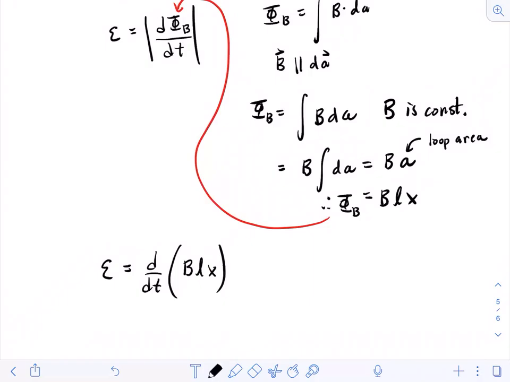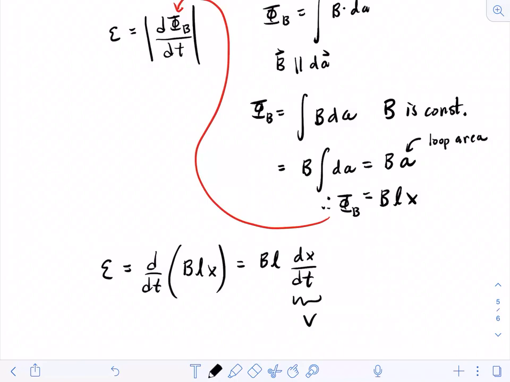We said B was going to be constant, and L is the height of the loop, and that's a constant. And so the only thing that changes is the X coordinate, where the bar is, because we're pulling that bar to the right.